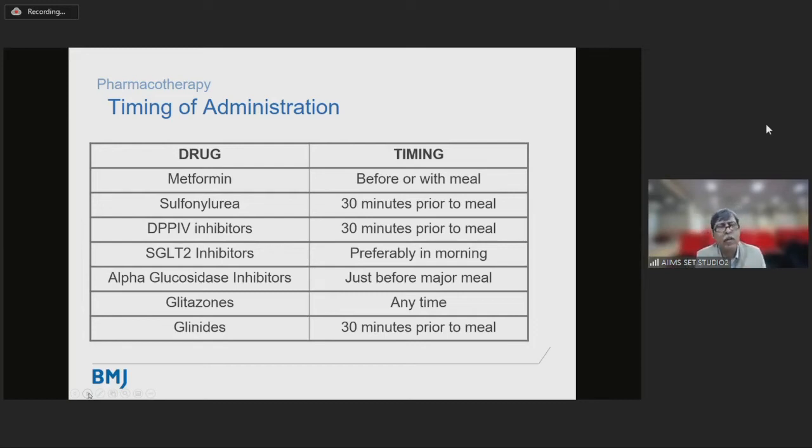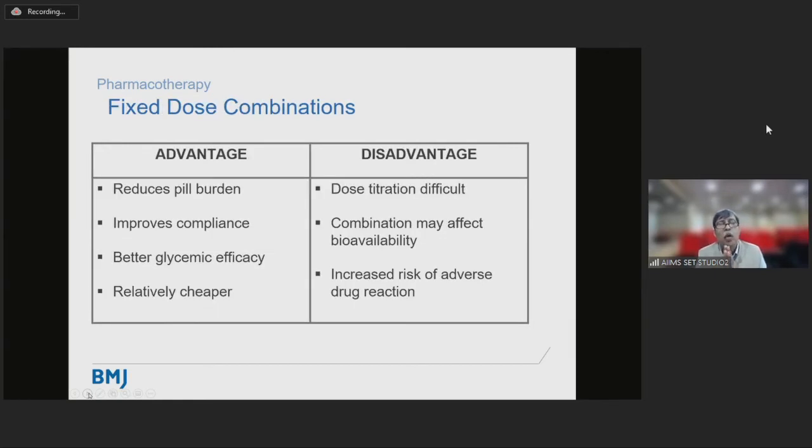SGLT2 inhibitors, give it in the morning because they also have a diuretic effect. You don't want people to be peeing and getting up at night for that. Alpha-glucosidase inhibitors, not just before, but maybe at the time of the first bite. The glitazones have no restriction in timing.